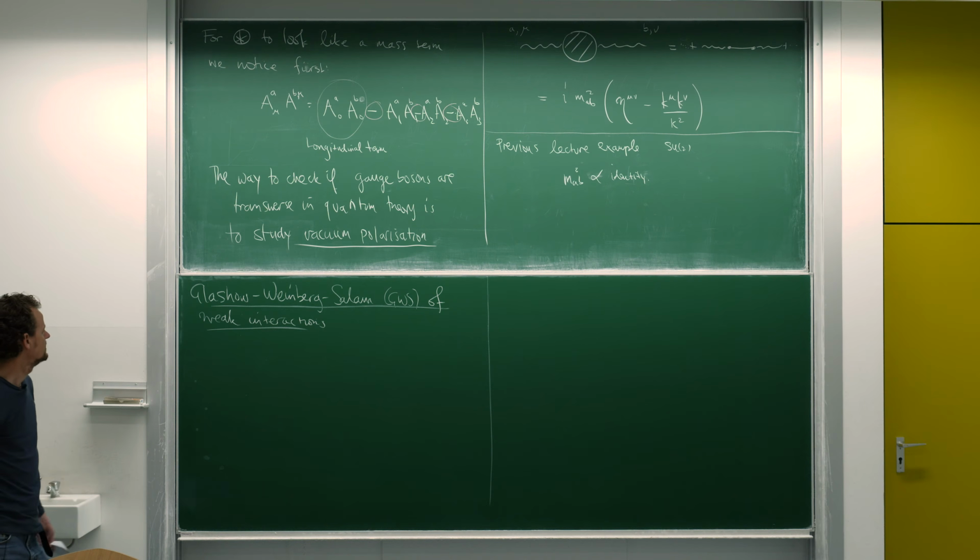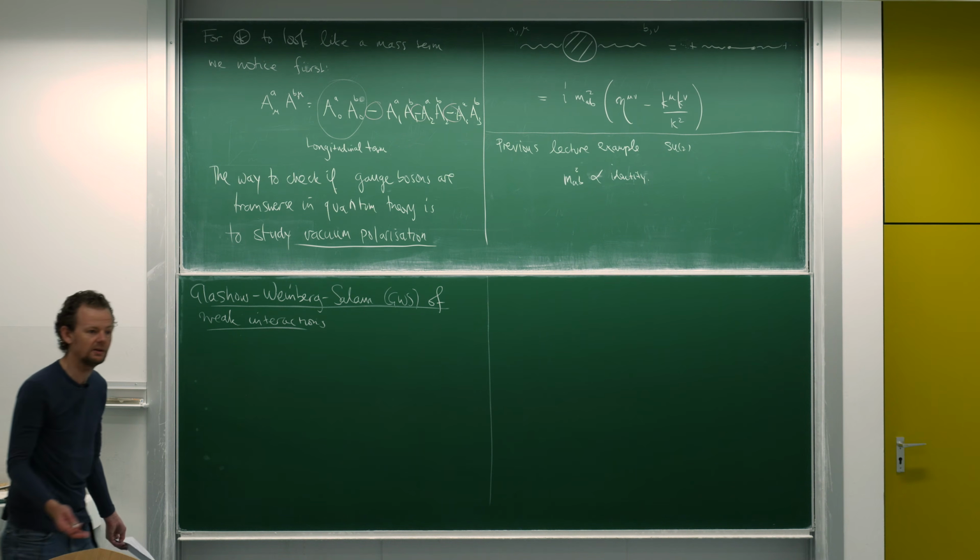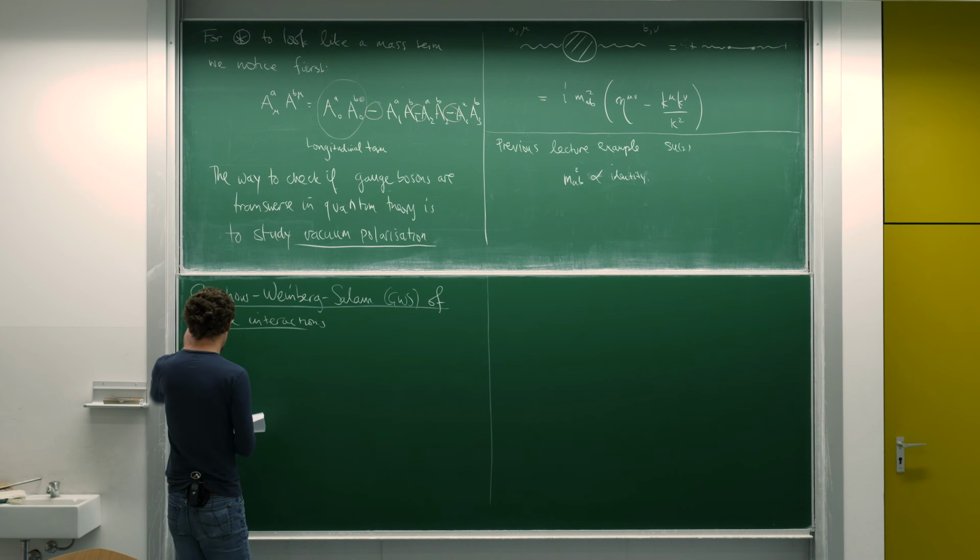Sketch this GWS theory of weak interactions, which describes SU2 gauge bosons and the electromagnetic field and how they can be combined together in one theory.